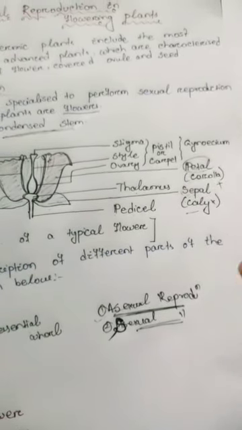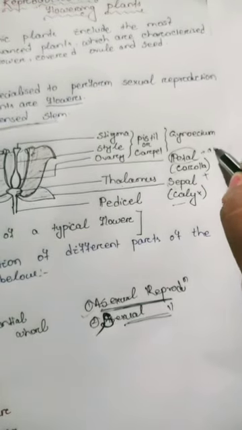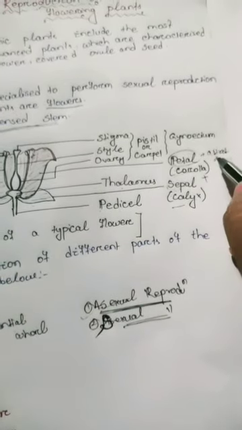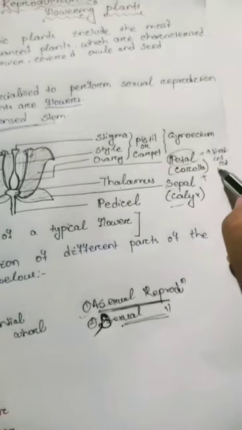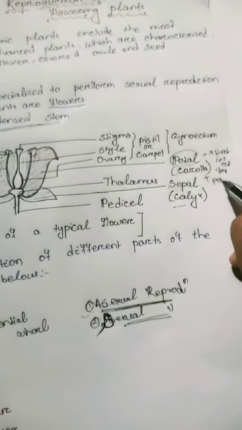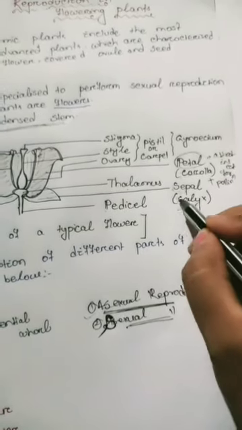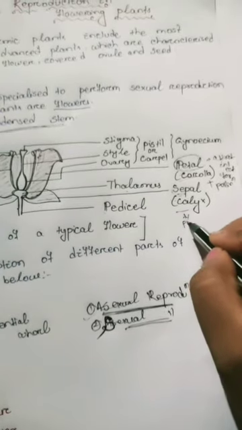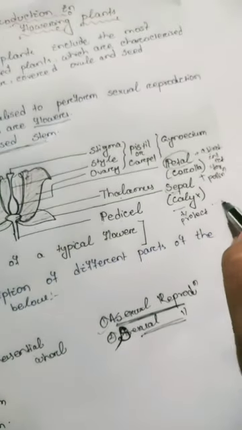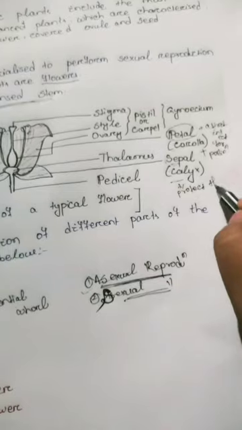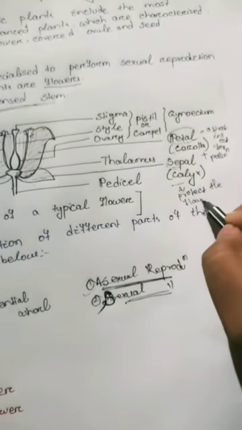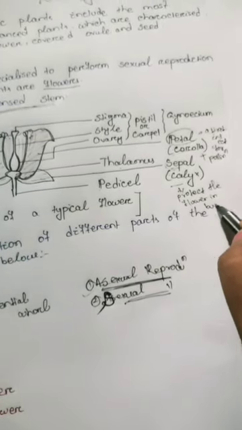The function of petal is to attract insects for pollination. And the function of sepal is to protect the flower in bud condition.